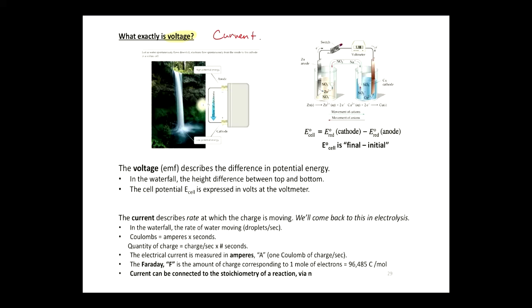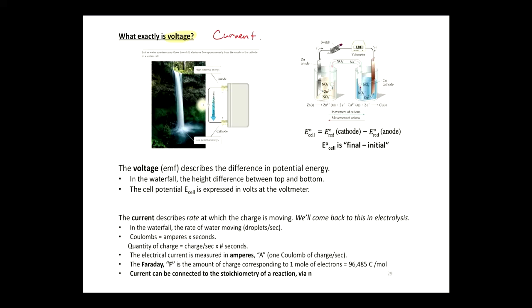Voltage is like how high your waterfall is, the amount of work that can be done. The amount of energy transfer is based upon the height difference between where the water starts and where it ends when it free falls. That's why in electrical work you'll talk about a voltage drop, kind of like a waterfall.